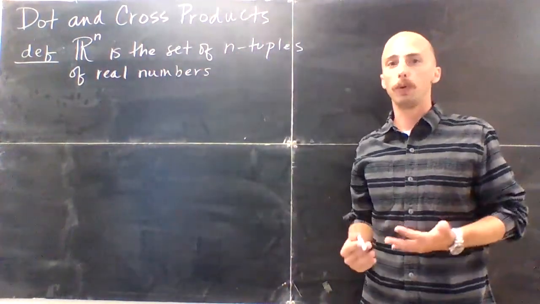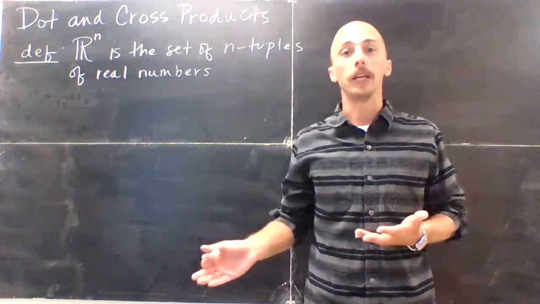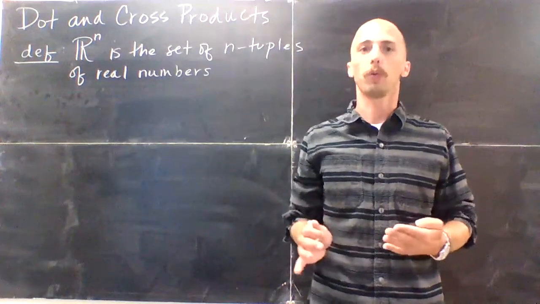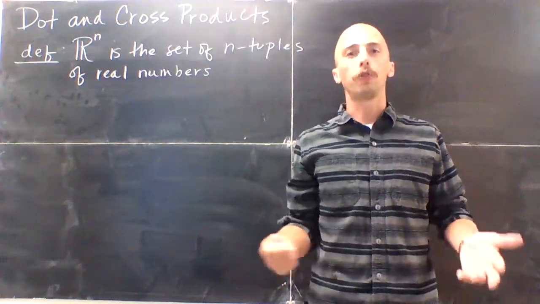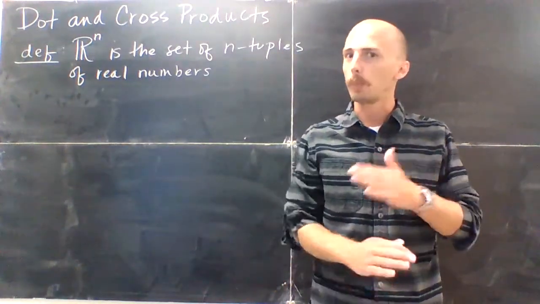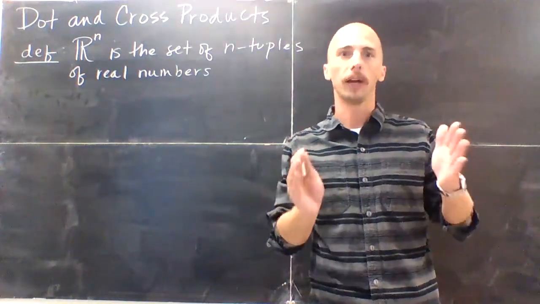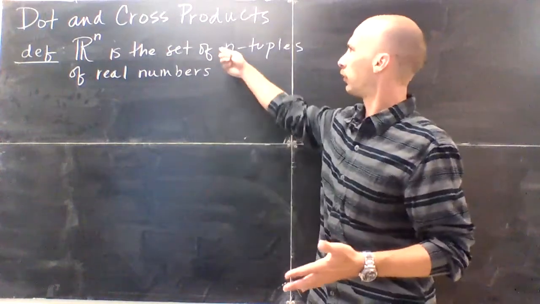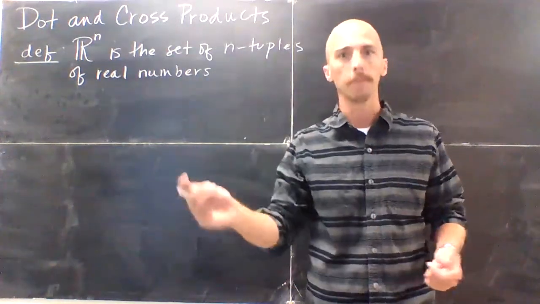So for example, R3 is the set of all possible three-dimensional vectors, which we oftentimes are going to refer to as space. R2 is the xy plane, right? It's the set of all possible xy pairs. R is the set of all real numbers. Well, yeah, it's the number line, okay?